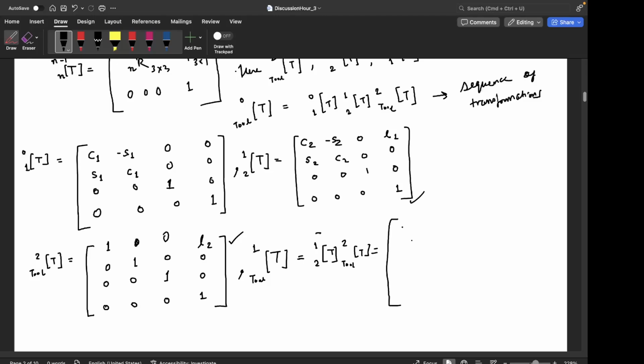So this will be C2, this will be C2, then 0 0 0, then we will have minus S2, then the rest 0, then all zeros, and then L2 C2 plus L1.